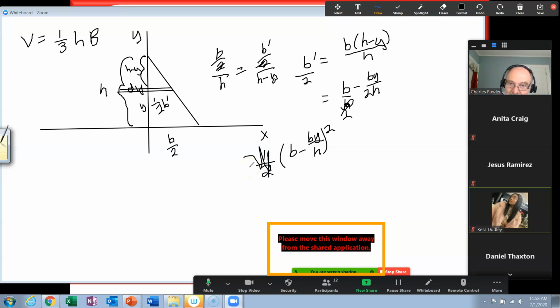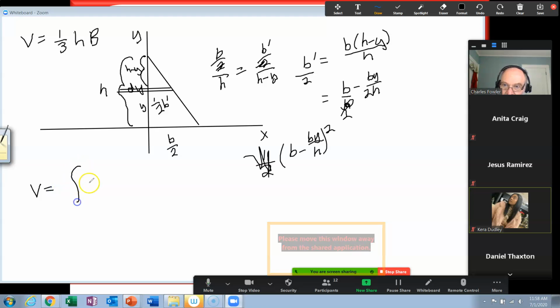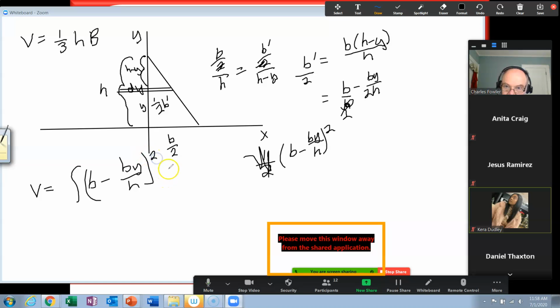So now I believe we've got everything we need to do our integration. The volume is going to be the integral of b minus by over h, squared dy. Let's go back and make sure we've got this down.